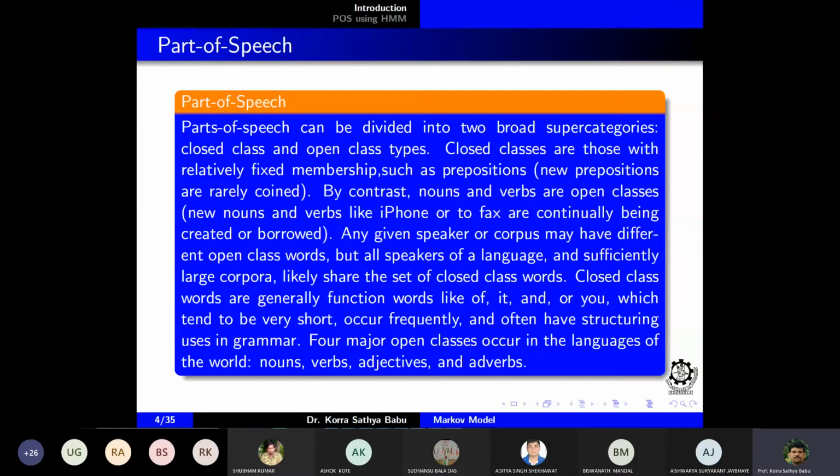I hope you are on the noun slide, right? Is there any lag in my slides? Part of speech slide is... Noun, slide 4. No, sir, it is on parts of speech. Slide 4, sir.